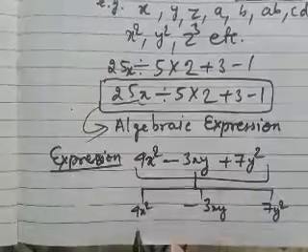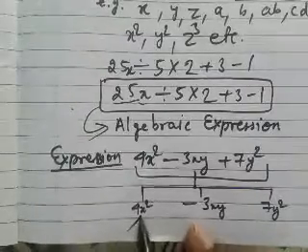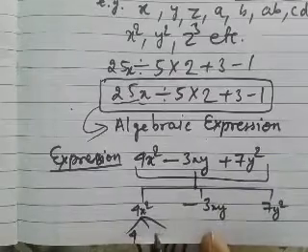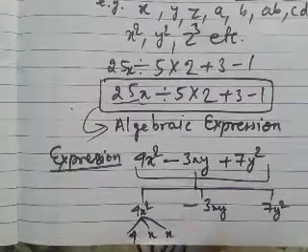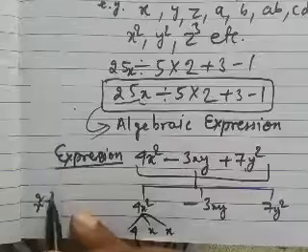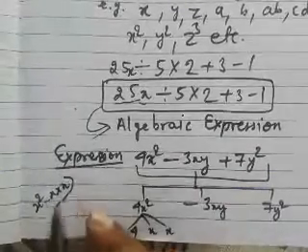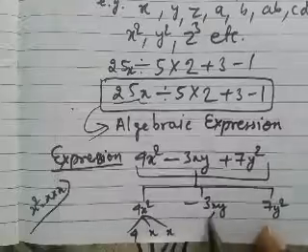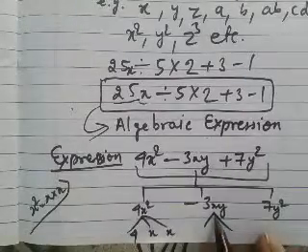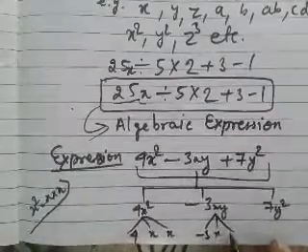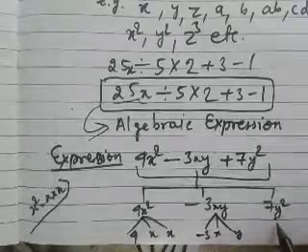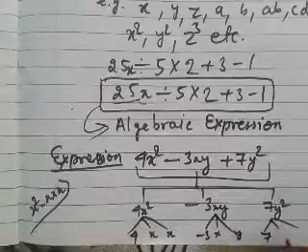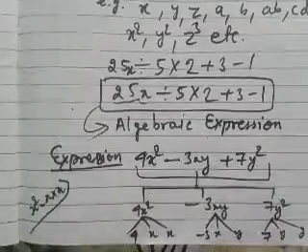And again these are split up: 4x square into 4, x and x, since x square means x multiplied by x, so we can write x separately. And minus 3xy can be split up into 3, x and y.